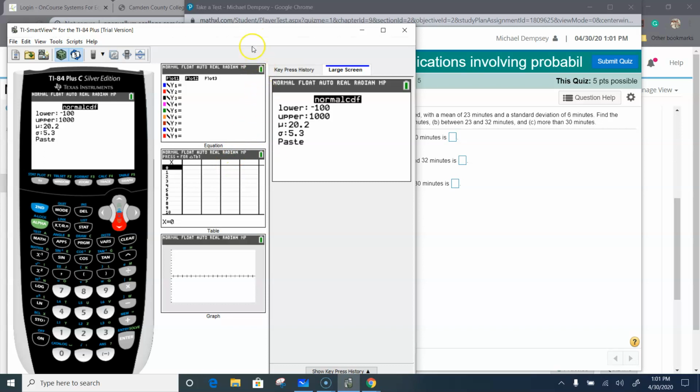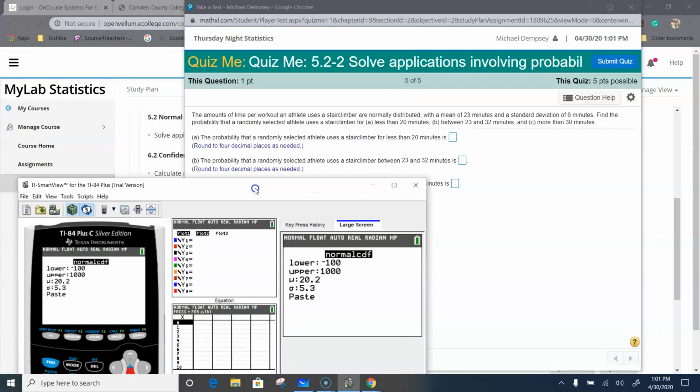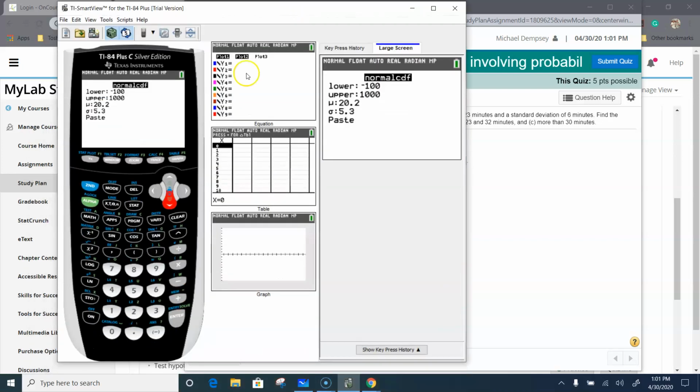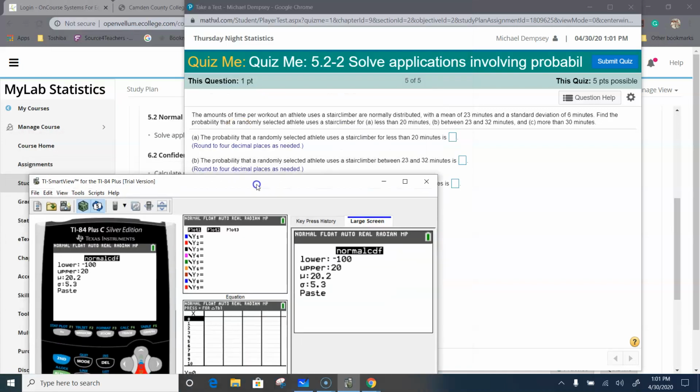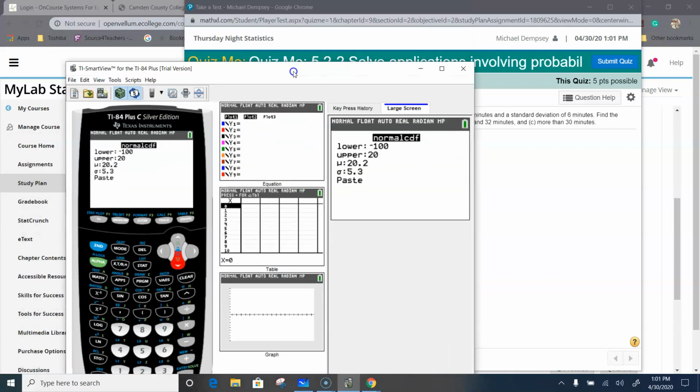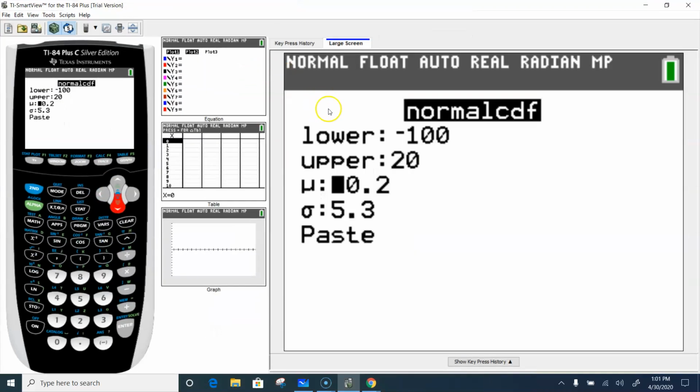And the first question here is, what's the probability they use it less than 20? The mean is 23 and standard deviation is 6, right?